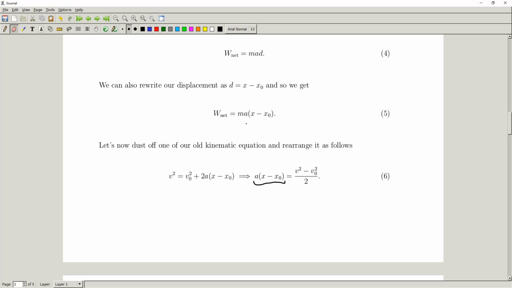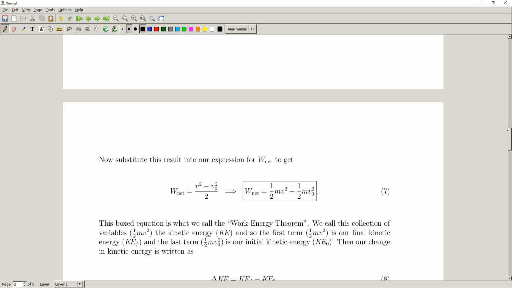So let's make this replacement. Let's replace our acceleration times our displacement with what we have on the right over here, this final velocity squared minus initial velocity squared over 2. If we do that, we're going to end up with this expression down here.